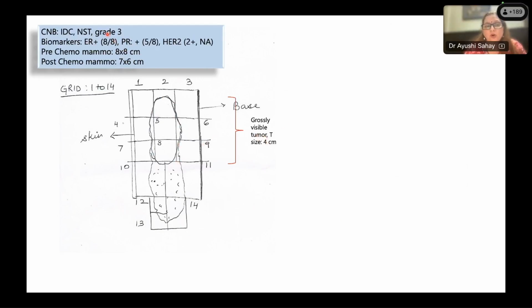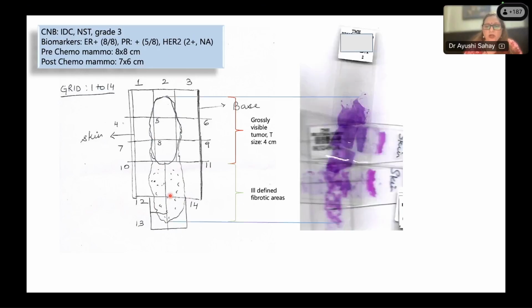But because the pre-chemo mammo size was given as 8, she took extensive sections and also gave the ill-defined fibrotic area in the diagram, indicating that these ill-defined fibrotic areas were present along with the grossly identifiable tumor. And I have done a microscopic joining together of the slides as they were labeled in this grid.